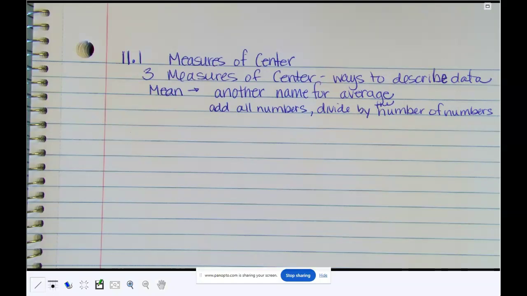What do you get? 63. Divided by, I got 2 divided by what? Oh, that's 72?